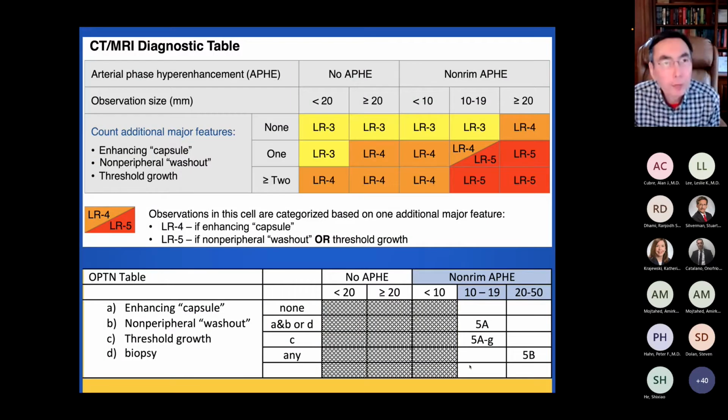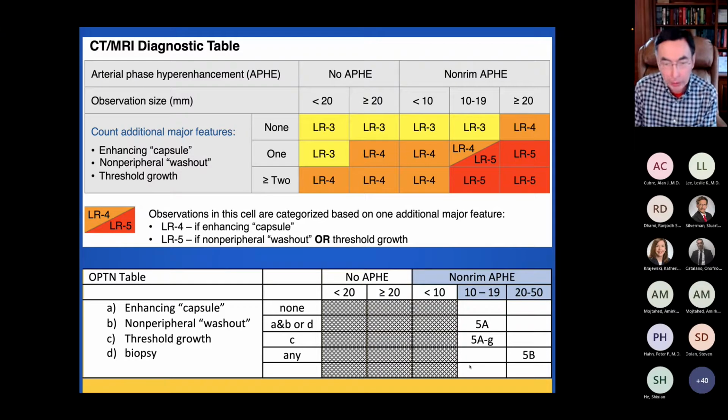Now, I thought it would be helpful to look at the LI-RADS table, which is on top, and I constructed a sort of comparable OPTN table on the bottom. And I designed it to look just like the LI-RADS table by having the features aligned in the same way.